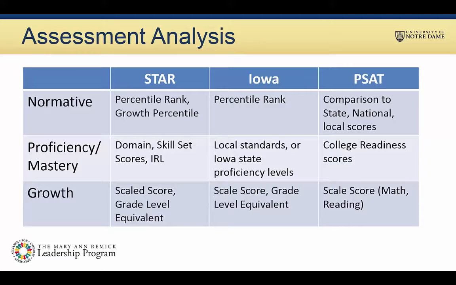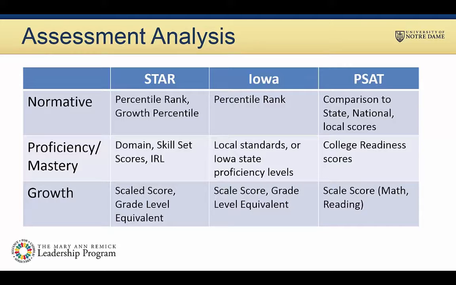So if you look across the top there, the norm-based scores or the norm reference scores are usually percentile ranks. The STAR has something called a growth percentile, which is also sort of how a student's growth ranks against other students who started at the same place.